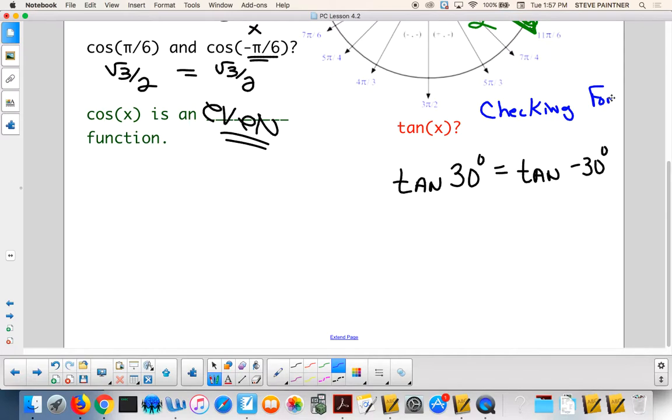If all I do is take the original tangent of 30, but I just switched 30 to negative 30, that means I switched what? X. So that means I'm checking for what? Even.